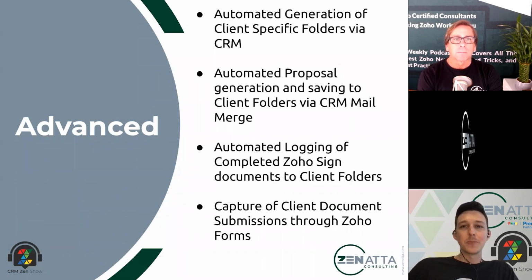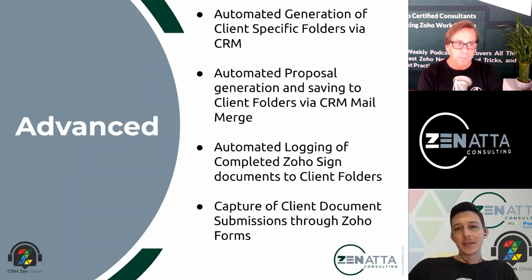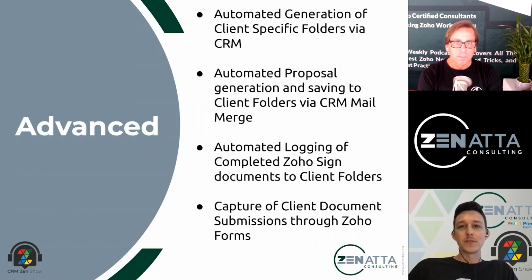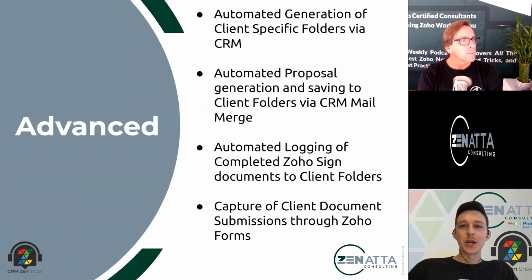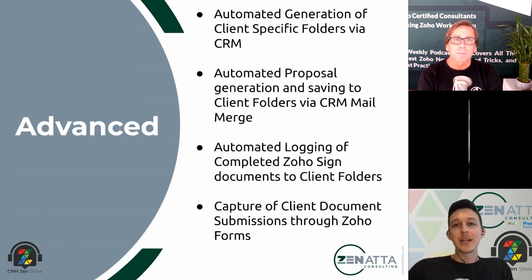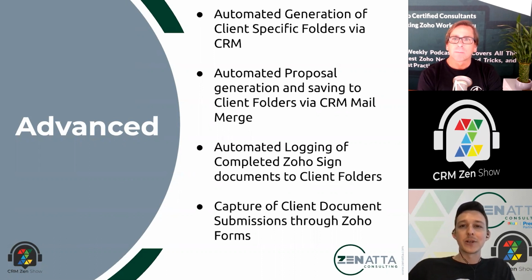But using that, you can create a button, maybe on a deal record, that says create proposal. You click that button, it pulls in all of your data, merges it into that record, and then uploads the completed mail merge document to WorkDrive. And even if you'd like, bring back a link to that specific document and place it in the record.